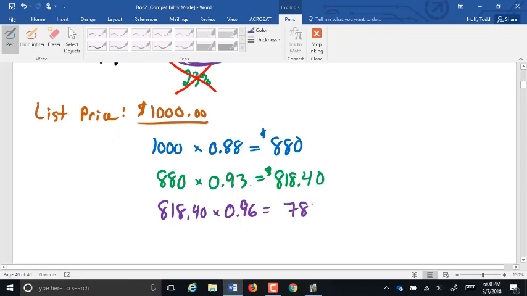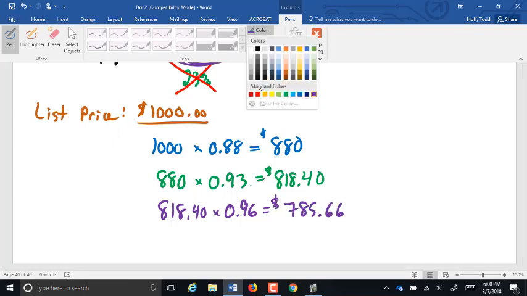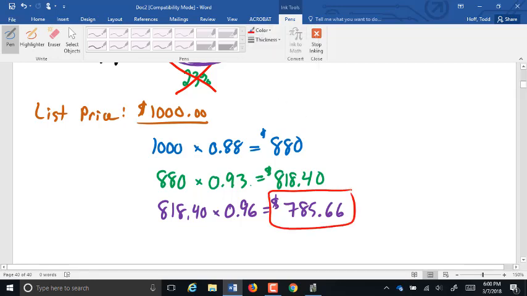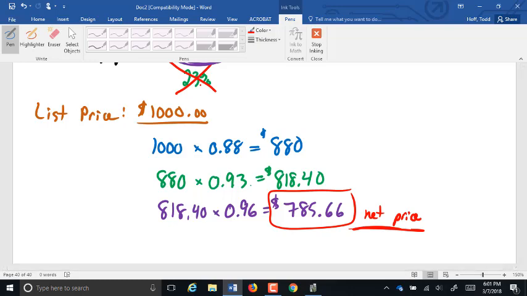So $785.66 is the final net price after all of those discounts. Had we just taken a 23% discount, by the way, that net price would have been $770. So obviously you get less of a discount by stacking them sequentially rather than putting them all at the same time.